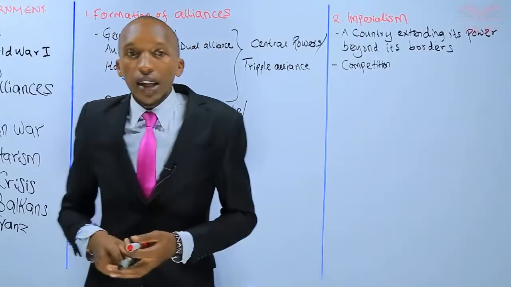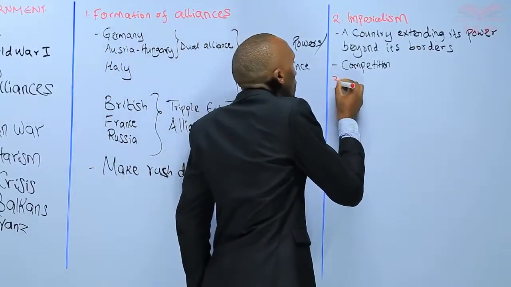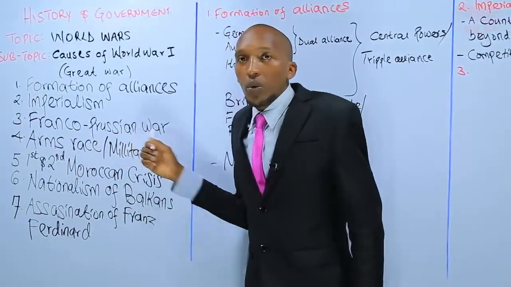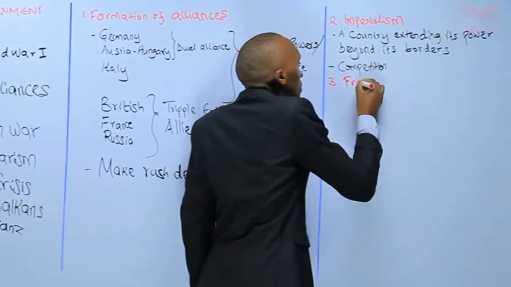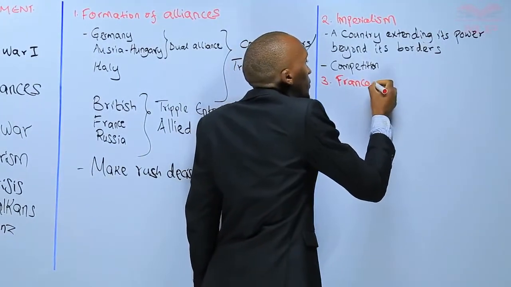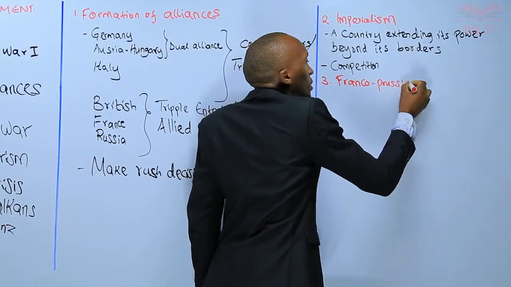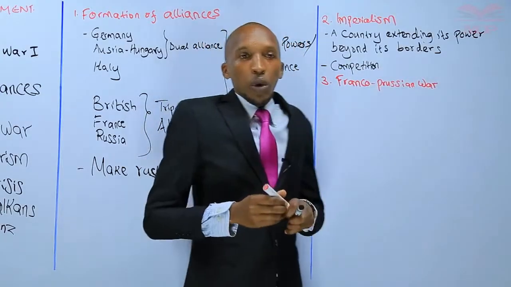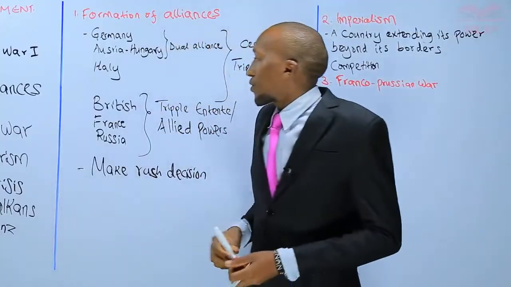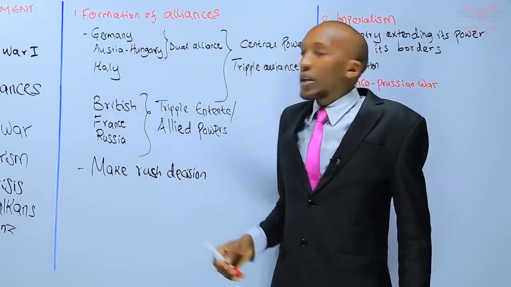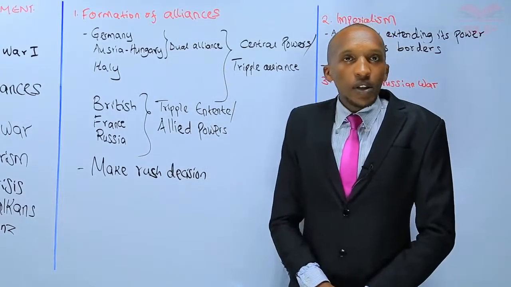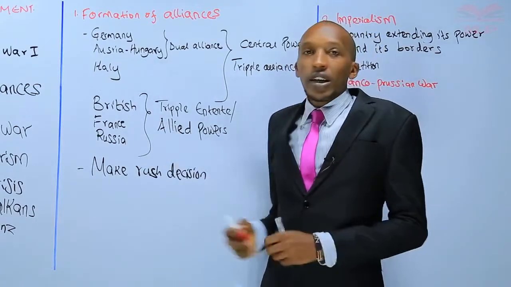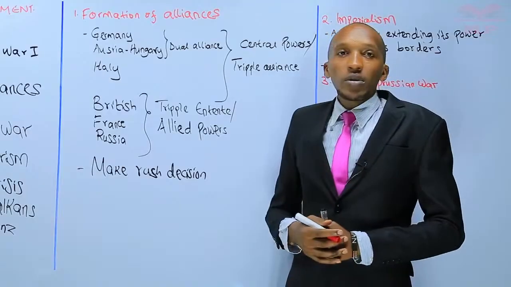And then, my dear learners, let us go to the next cause. Number 3, the Franco-Prussian War. We have talked of France, we have talked of Germany. Before they formed these alliances, there was a war that erupted between France and an empire referred to as Prussia.